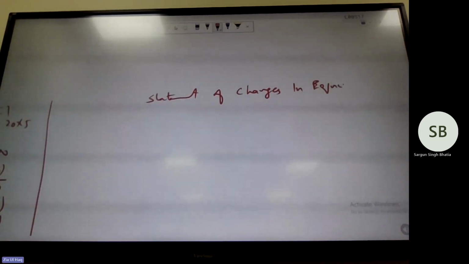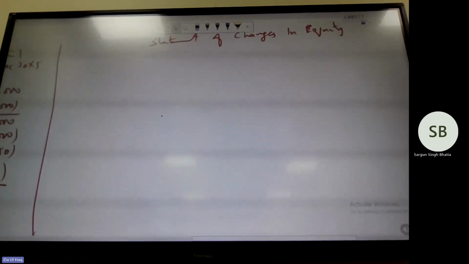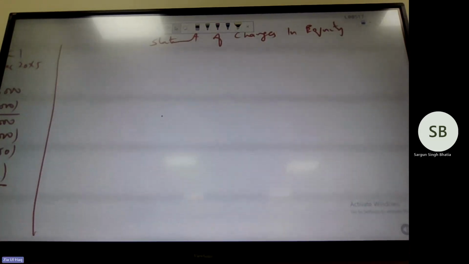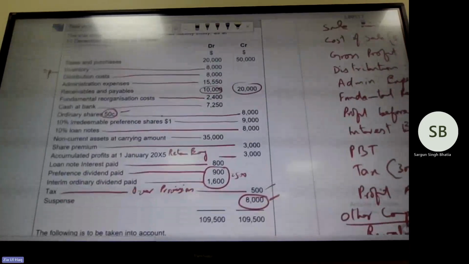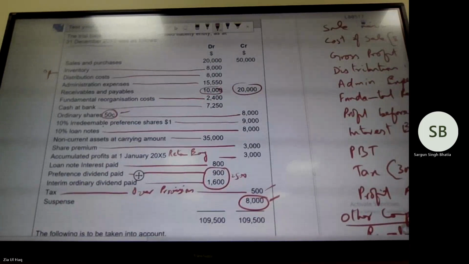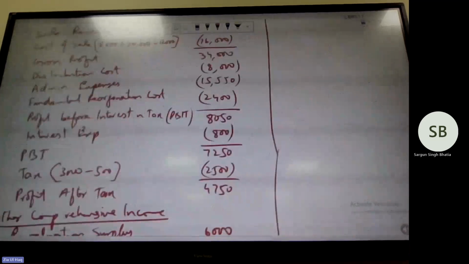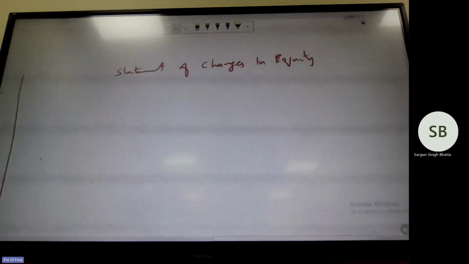To prepare it, we should make 4 columns: one for share capital, one for share premium, one for retained earning, and one for revaluation surplus. But in this question, we need to prepare one column for irredeemable preference shares as well. Share capital, irredeemable preference shares, share premium, retained earning, and revaluation surplus. We need to prepare 5 columns.